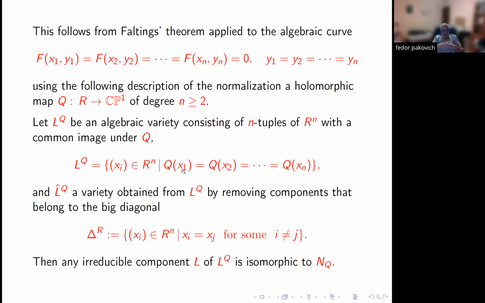So this is a nice description. It is especially useful if you work with a rational function, because you just obtain an equation for the Galois closure, absolutely explicit. Using this fact, you can show that this curve has infinitely many points, and using Faltings' theorem, you obtain the conclusion.